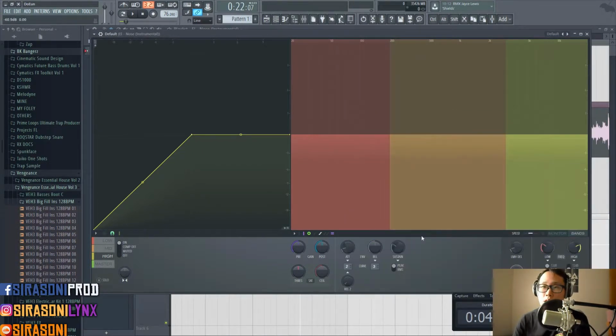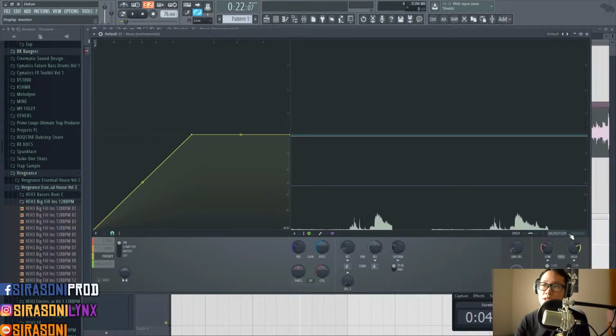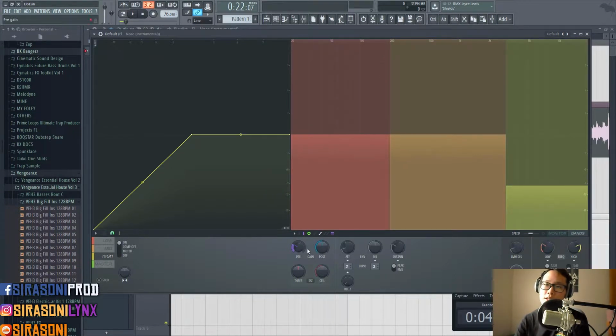The next part, let's go into it right over here. You have the pre-gain and the post-gain, right? Pre-gain, as you can see, changes in the band menu. Pre is the signal that's going in before, very self-explanatory. Post is the signal that's coming out.